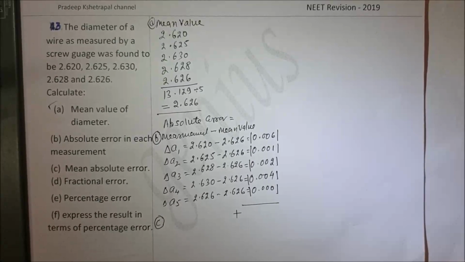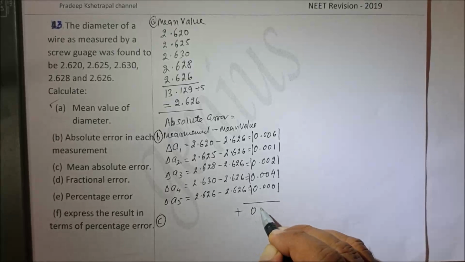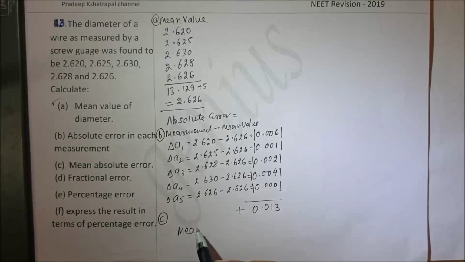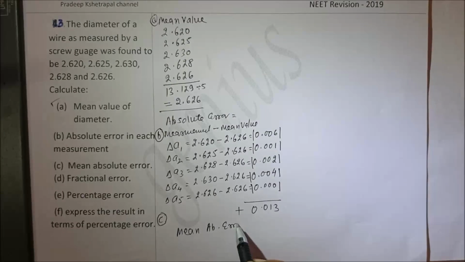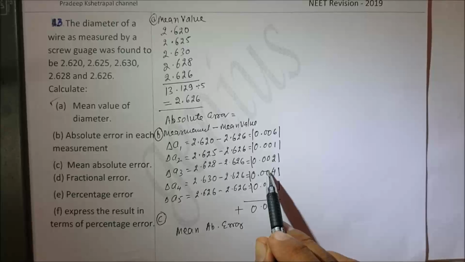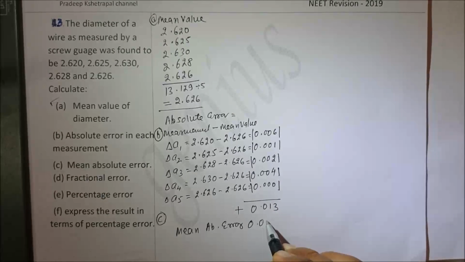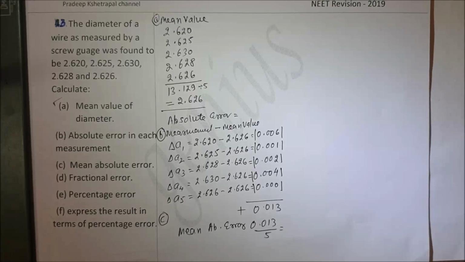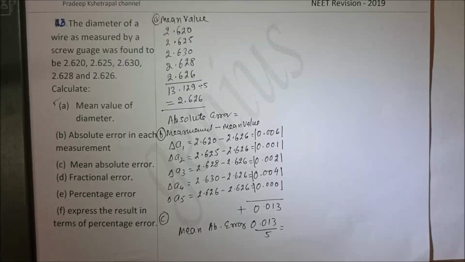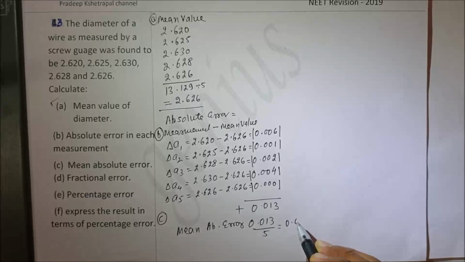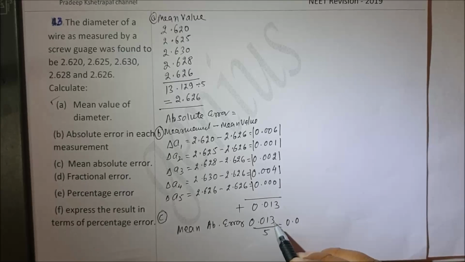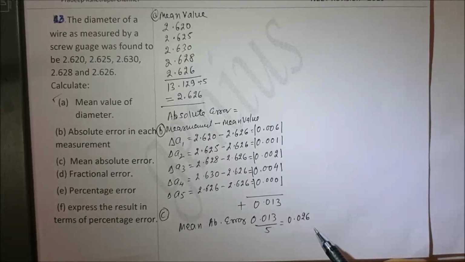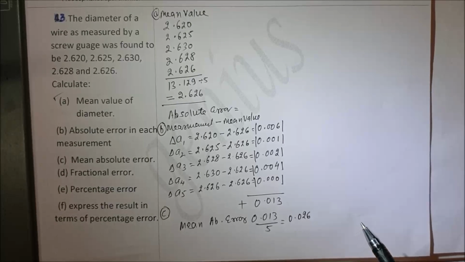And when we add them all, it comes to 0.013 and divide it by 5 for mean absolute error. 0.013 divided by 5 and it comes to be 0.026.